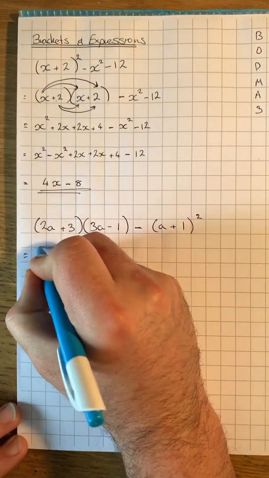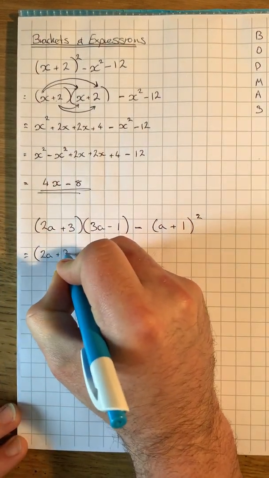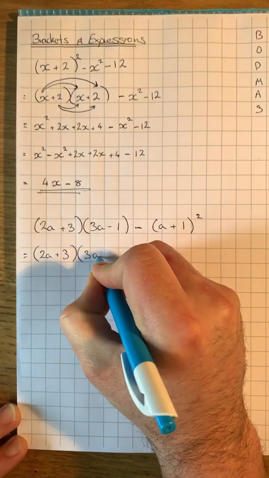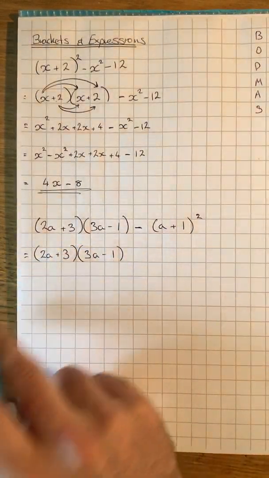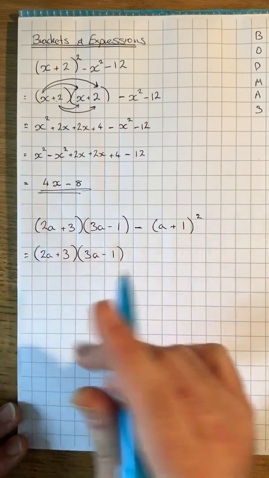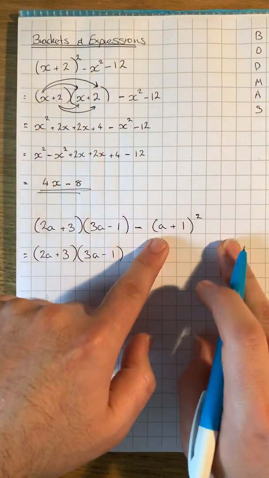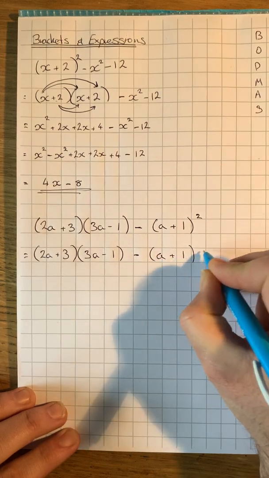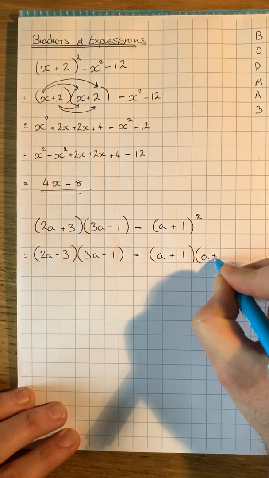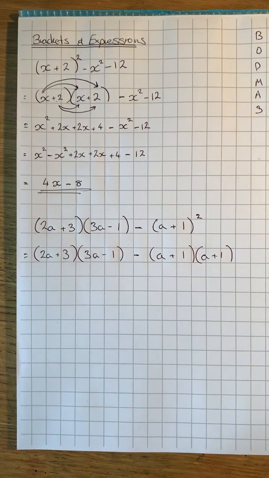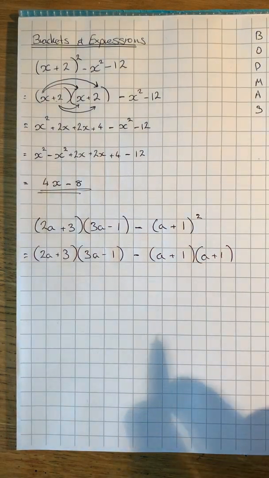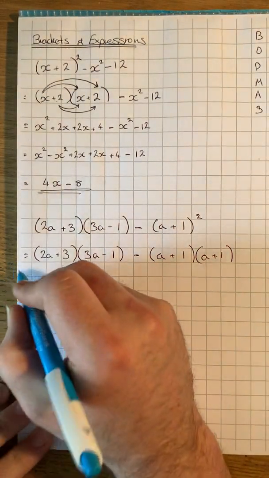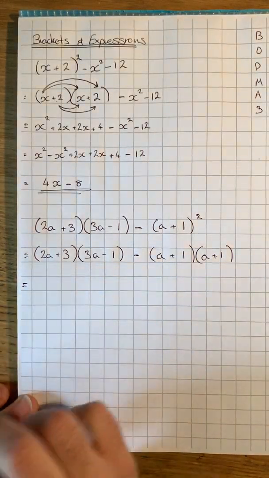So this (2a + 3)(3a − 1) is just going to stay the same. I'm not going to multiply them out yet. I'm going to break out and expand this into the two brackets that it really means. And now what I'm going to do is multiply out this double set of brackets here.